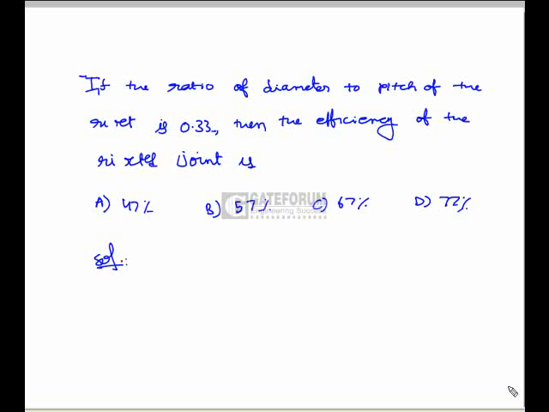If the ratio of diameter to pitch of the rivet is 0.33, then the efficiency of the riveted joint is: options are 47%, 57%, 67% and 77%. Here the given data is the ratio of diameter to pitch of the rivet is equal to 0.33.